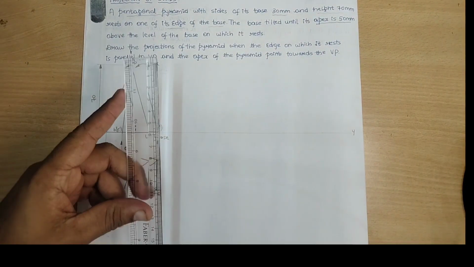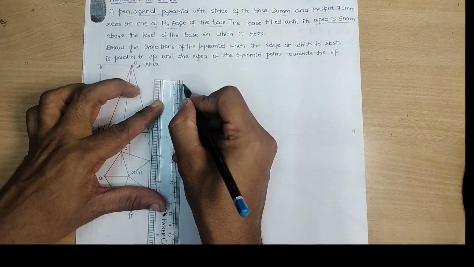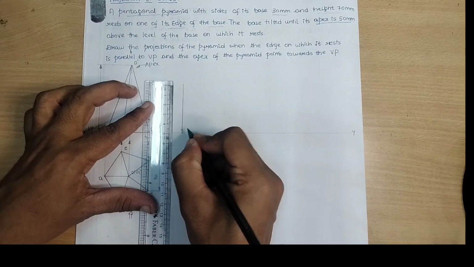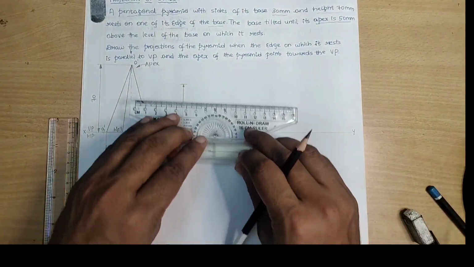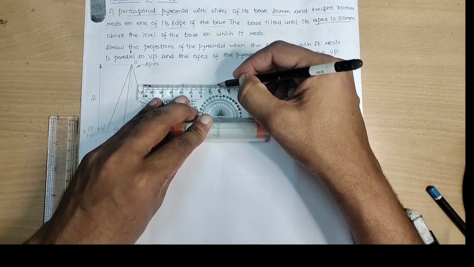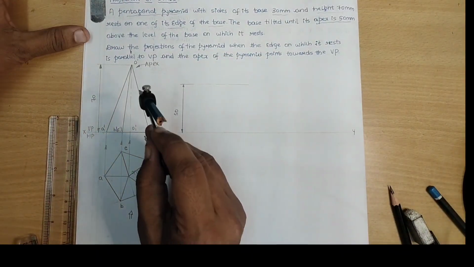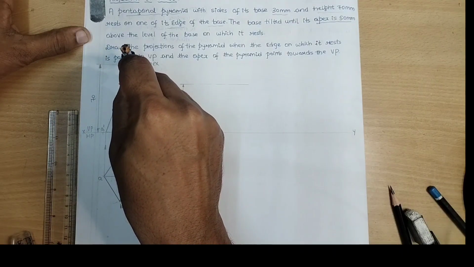Let us see how to obtain this one. Initially, first let us consider 50 mm from the XY line. After taking 50 mm, let us draw a locus line. Make use of a compass. C dash, D dash as a center and O dash as the radius.